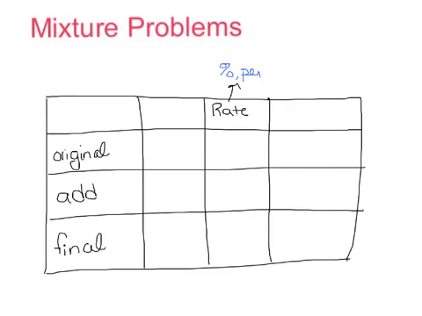You're going to have the original amount, or the amount of something. This could be the amount of tickets, the amount of solution you have. You begin with some sort of amount, and then you end up with some sort of final quantity.